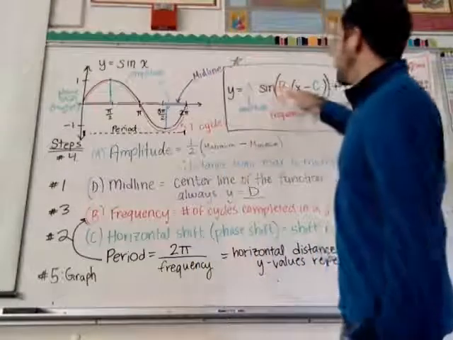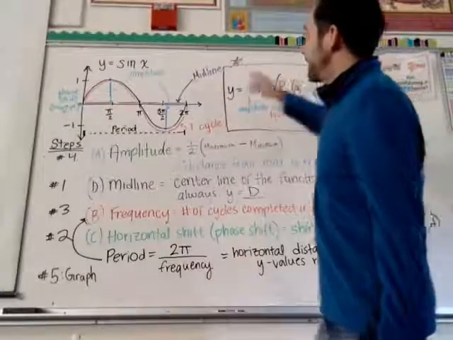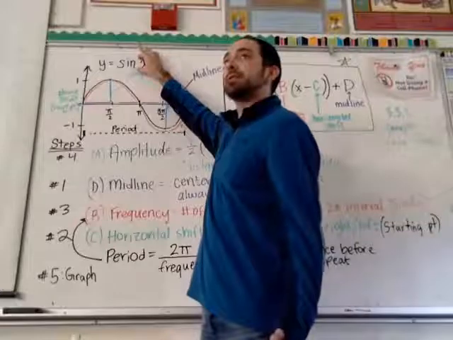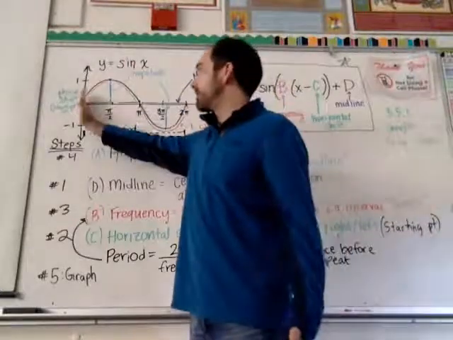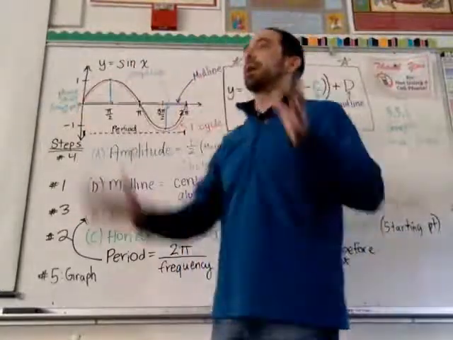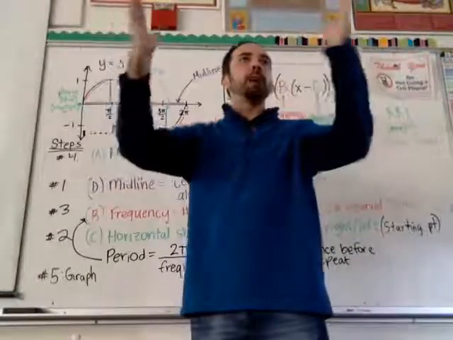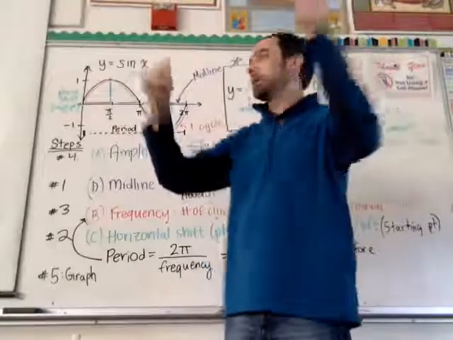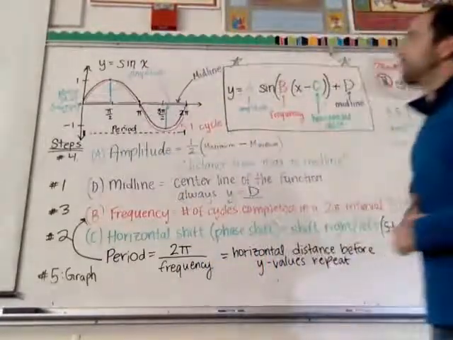Okay? My B value, the frequency, is also 1. Frequency is just saying how many times you cycle in order to go from 0 to 2 pi, or any increment of 2 pi. Pi over 2 to 5 pi over 2 is another example.